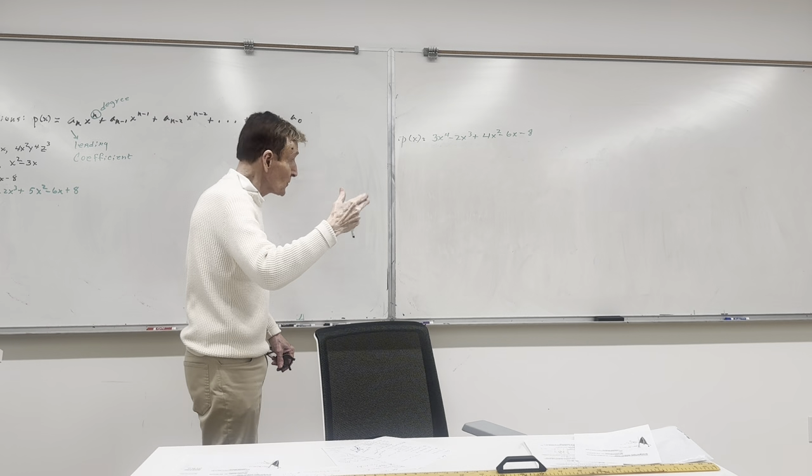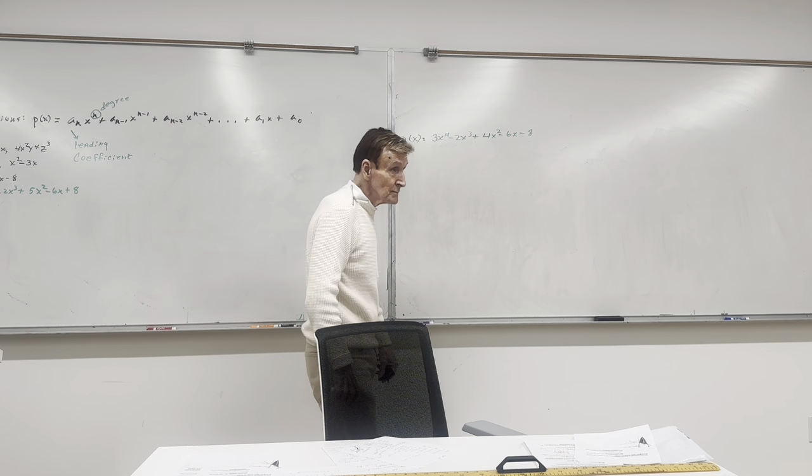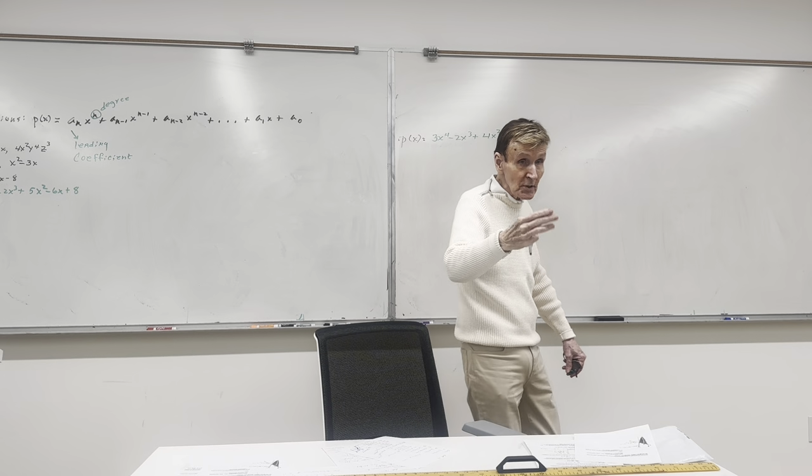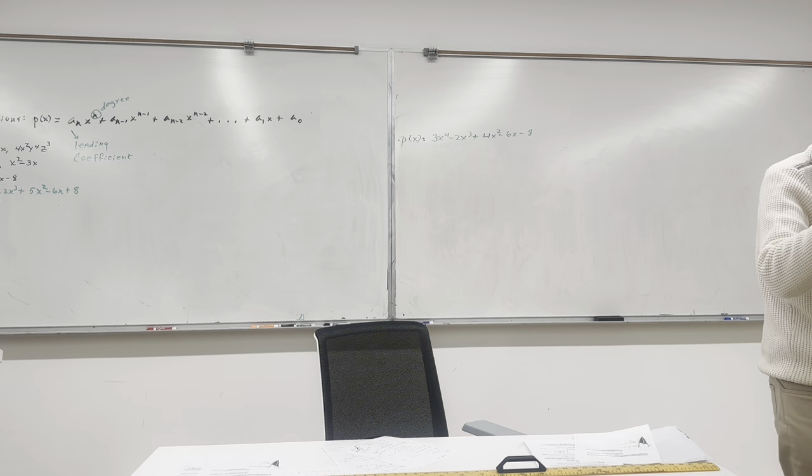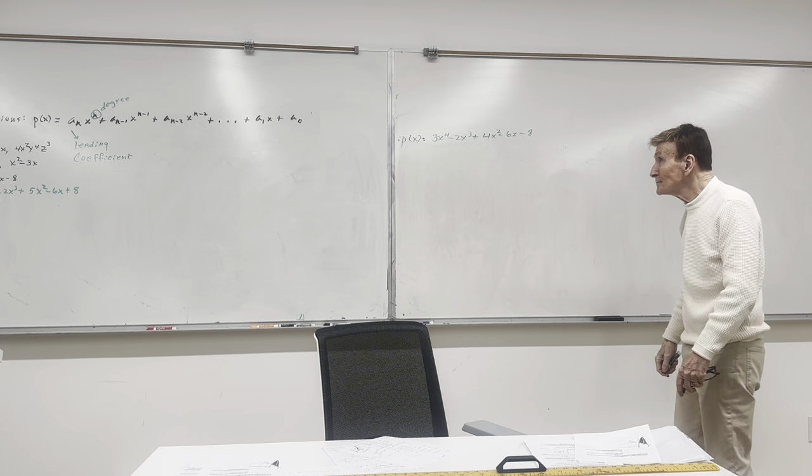Degree, in my case, degree is 4. Leading coefficient, what's my first coefficient? 3. So I've got a leading coefficient of 3, degree is 4. Now what did they sort of insist that you do when they did these back then and you placed an answer? Something that usually most teachers insist you do when you write the answer.